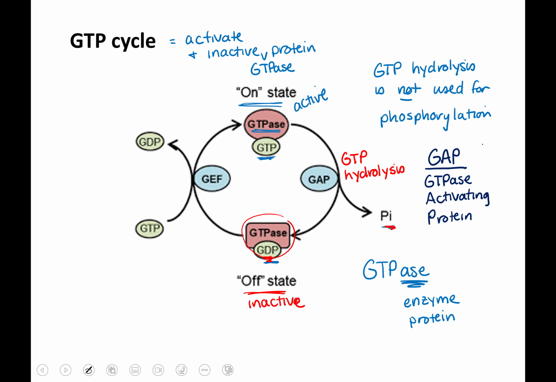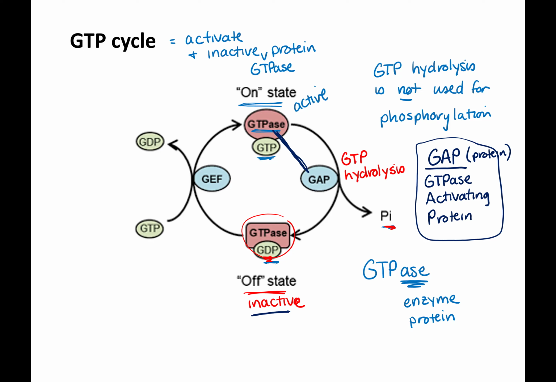And just like its name, the protein GAP helps GTPase hydrolyze GTP. So GTPase without a GAP will stay bound to GTP and it will never get turned off. So it needs that GAP protein to help it hydrolyze to get to that inactive state.